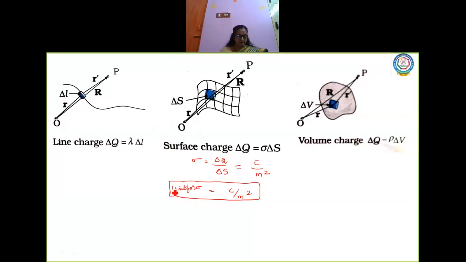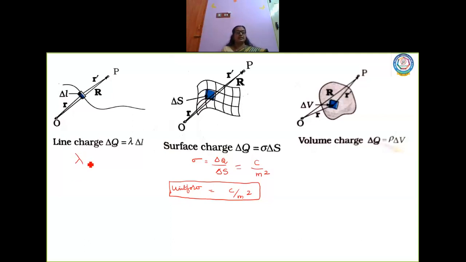Now similarly, you can consider a line charge distribution also. In line charge distribution, instead of surface charge density, you will call it linear charge density, which is represented as lambda.